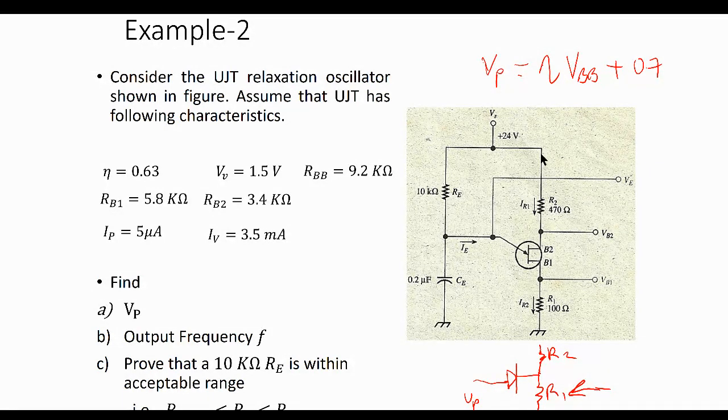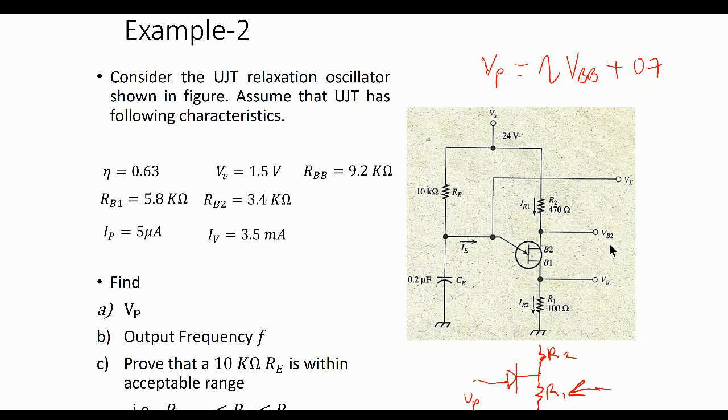So as you can see here, we need the voltage VBB, the interbase voltage. You can think of right between here having some kind of resistance, and that would be your RBB. So you have your R1, your RBB, and your R2.